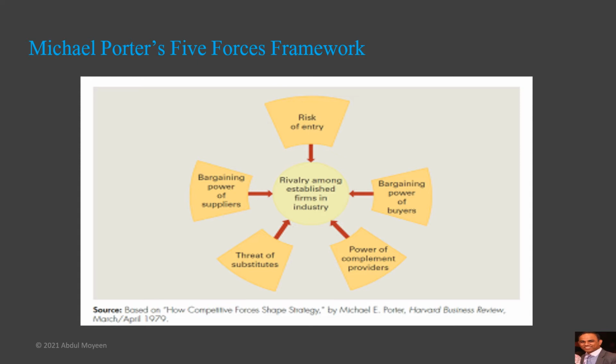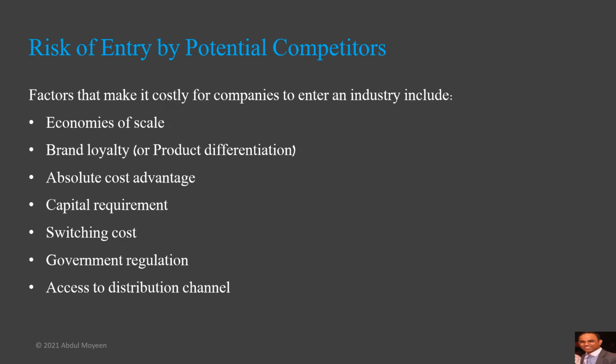In other words, competition gets stronger and profitability gets weaker when these 5 forces appear very strong. So now let's focus on the 6 forces that affect an industry's competitiveness or profitability.